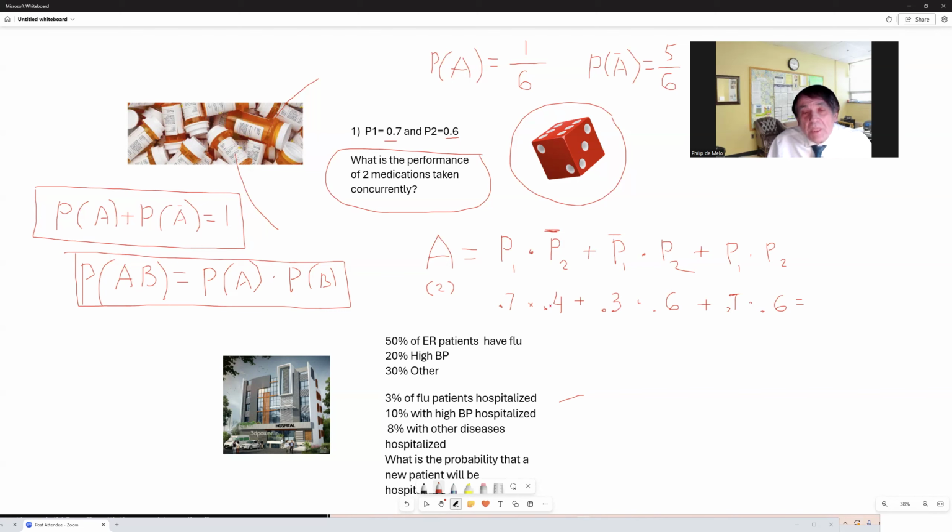7 times 4 is 28, so 28%. I'm sorry, 28%, no decimals. Now, 3 times 6 will be 18%.